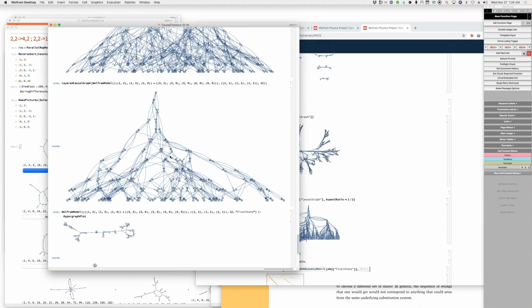Okay, but look, the basic point is we've got several things going on. We've got relativity coming out from the need to have a single thread of time. We've got quantum mechanics from the fact that that single thread is actually potentially a multi-threaded thing.